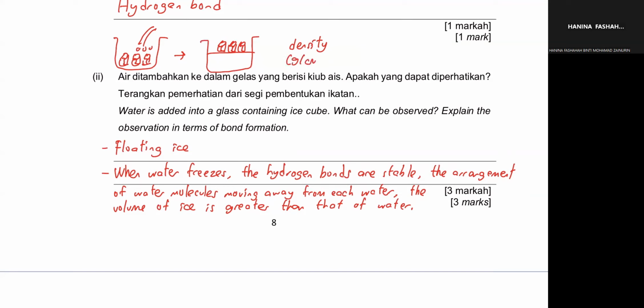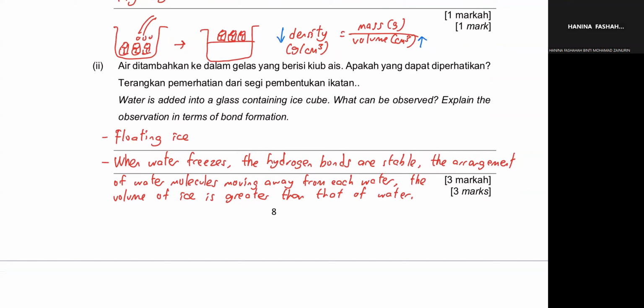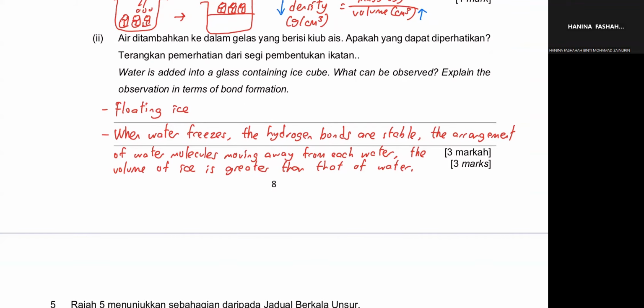You talk about density, which is equal to mass over volume. When the volume increases for ice, density decreases, because they are inversely proportional. It's not the mass; the whole thing becomes lighter. Better to talk about density compared to just mass or just volume, because density involves both.